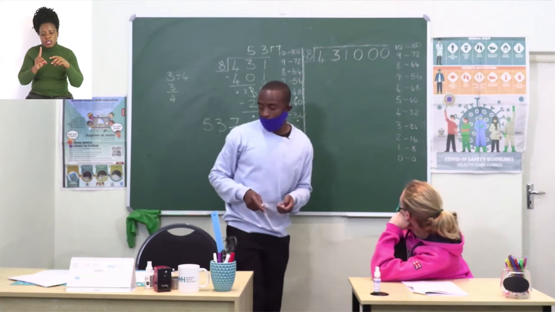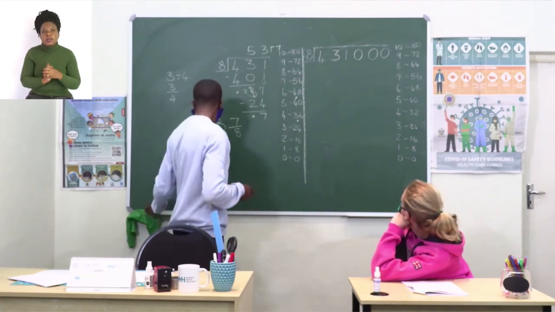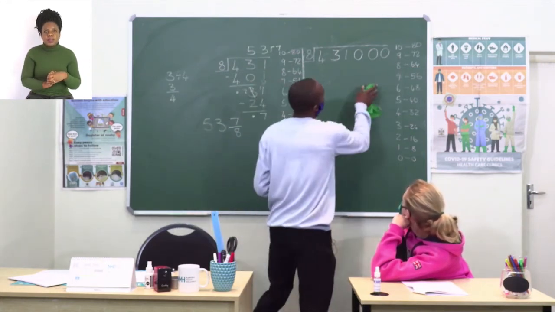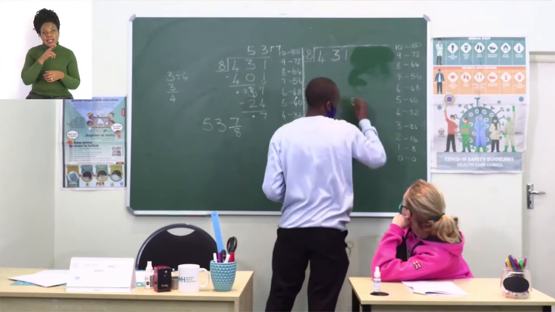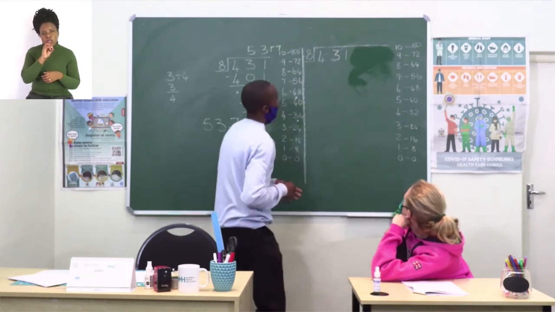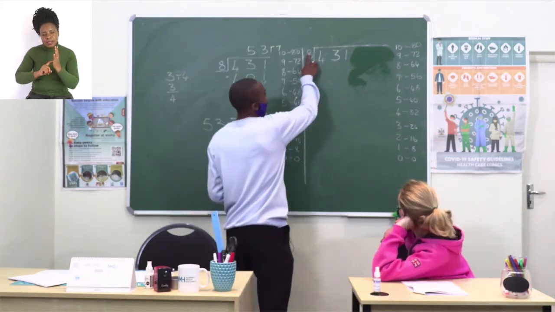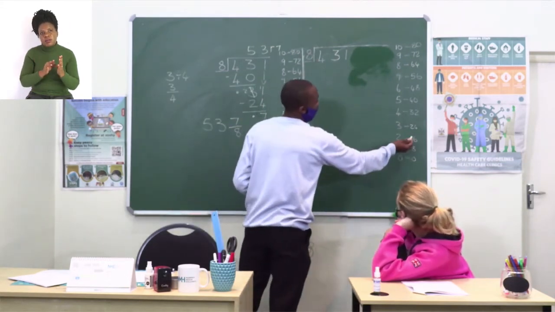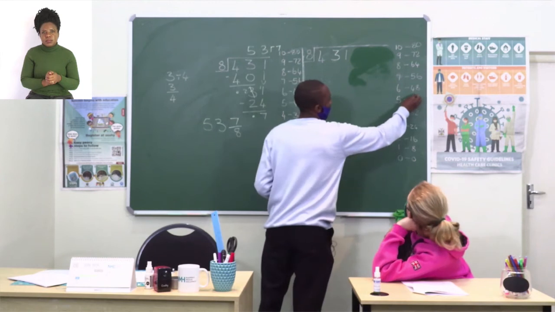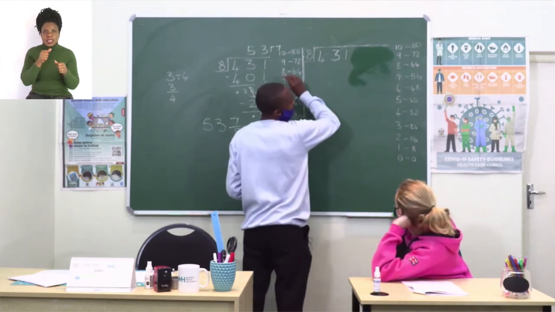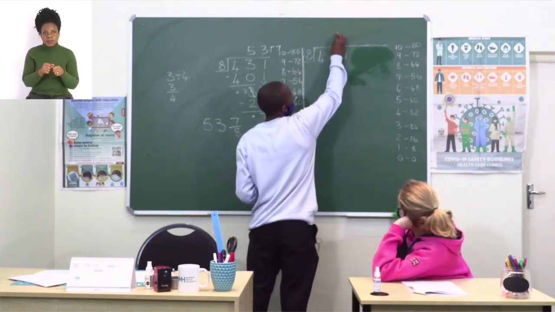Let's move over to the second example. This time around, before I give you the hint, let me erase this for now. I will start with the same process again. I say 8 goes into 43. If you can remember, it was still 5 times.